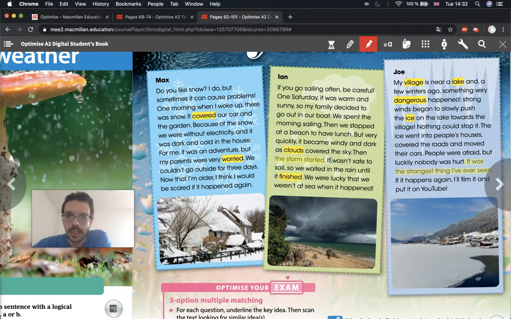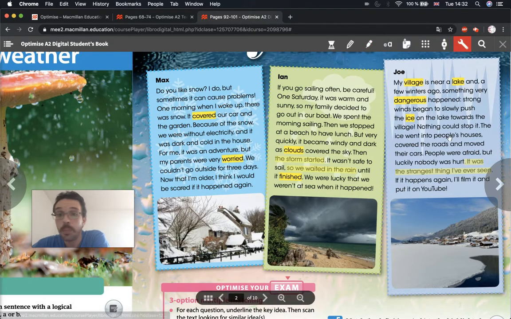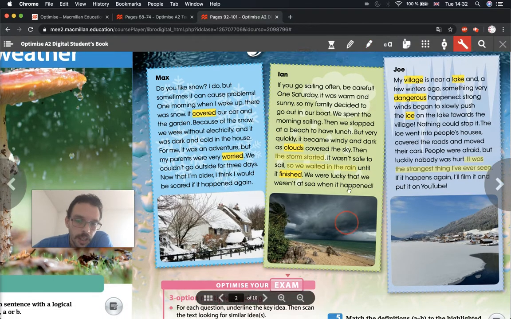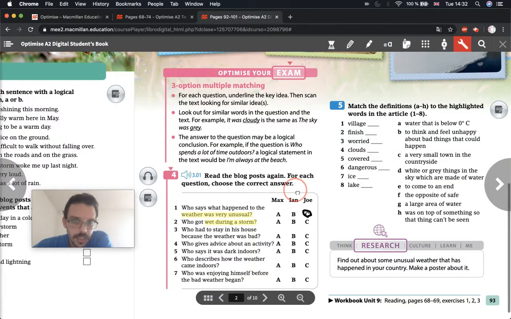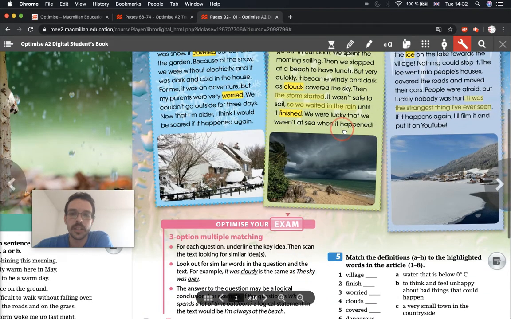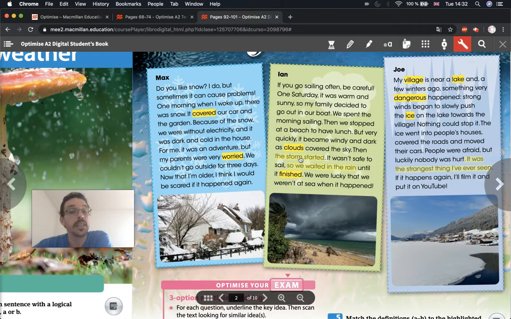And then he says it wasn't safe to sail, so we waited in the rain. So following the logical progression, if it says who got wet during a storm, here they're talking about a storm, and here it says we waited in the rain. Now, if they waited in the rain, that means they got wet. Logic.